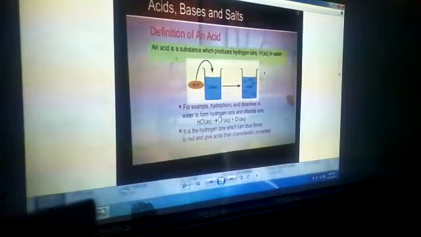H plus is the hydrogen ion and Cl is the chloride ion. Hydrogen ions, or acids, are those which turn blue litmus to red and give acids their characteristic properties.